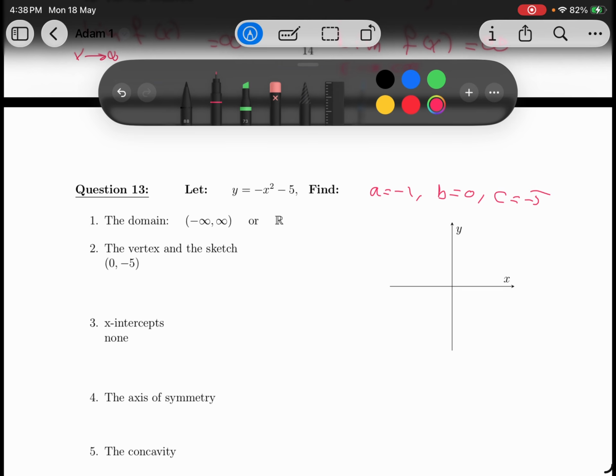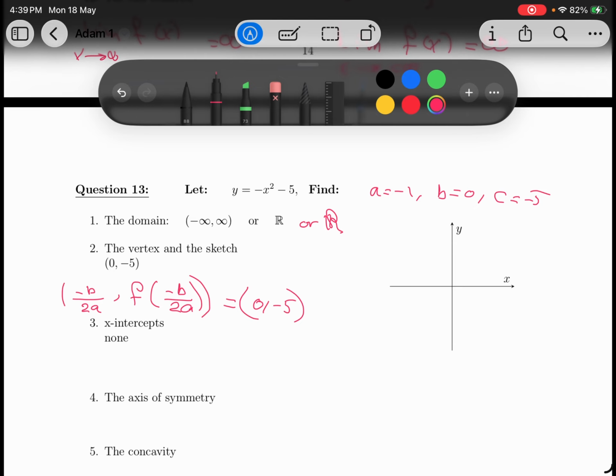The domain goes from minus infinity to infinity, or this fancy R or this handmade R. The vertex has x coordinate minus b over 2a, and the y coordinate is f of minus b over 2a. So it will obviously be 0 and minus 5.